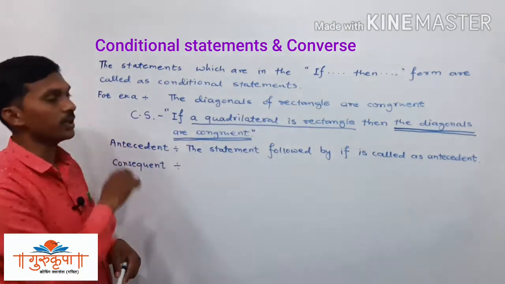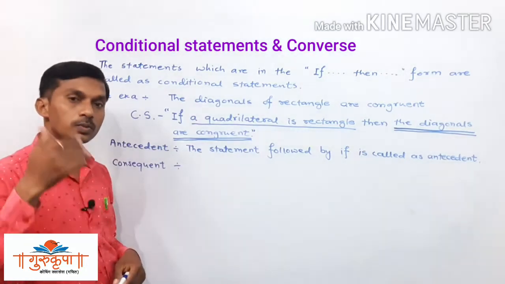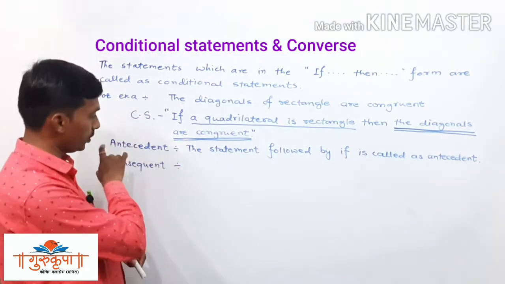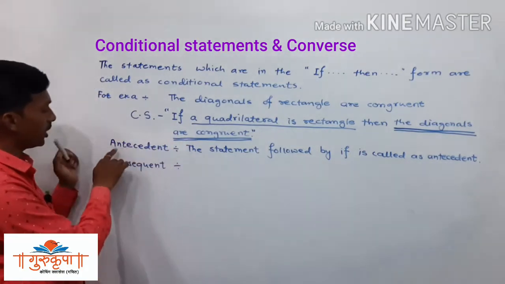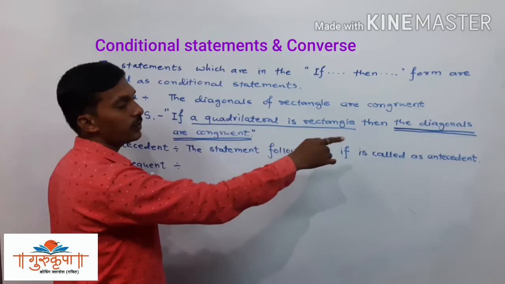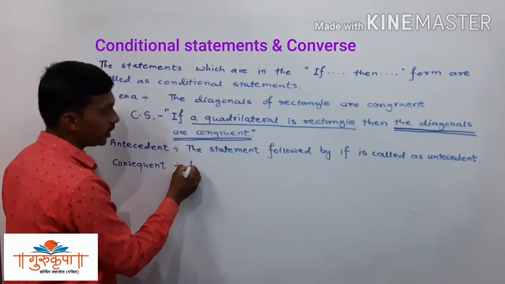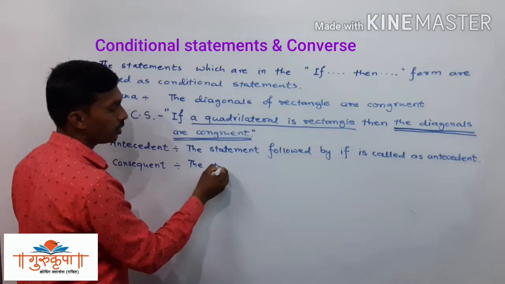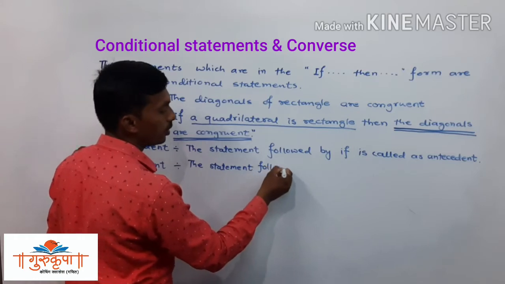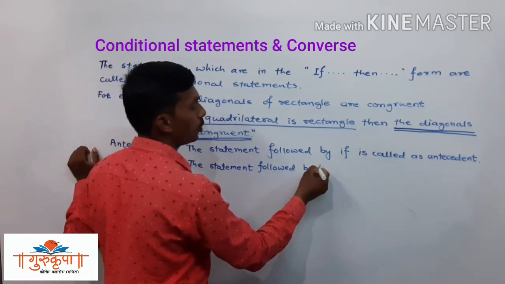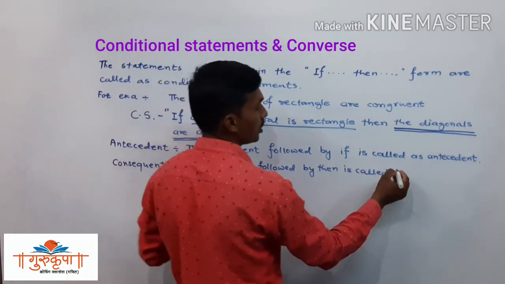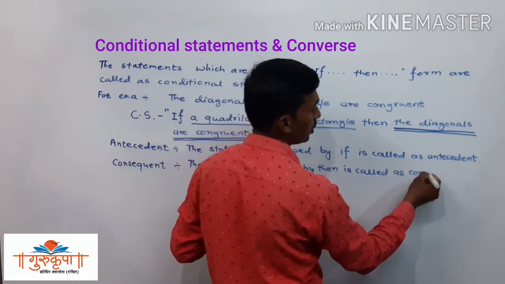While simplifying the theorem, we have to use this information. So the first and most important information is antecedent. The statement followed by if is called as antecedent, and the statement followed by then is called as consequent.